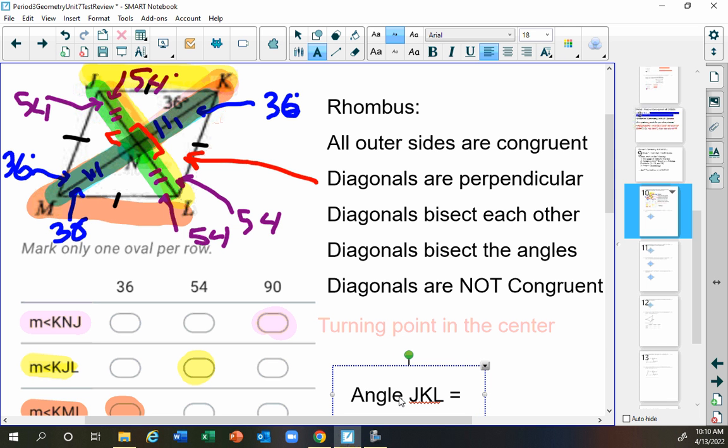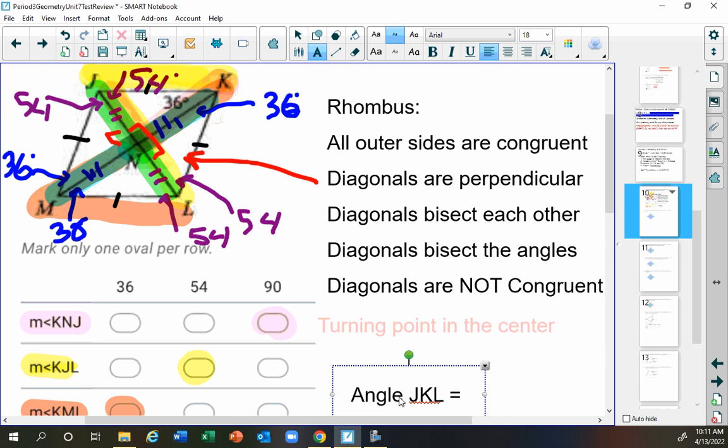You got to be careful. Look at our diagram. So JKL. Notice how J is up in the left corner. Go to K, then you go down to L. Be careful.